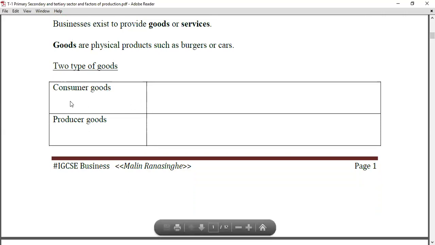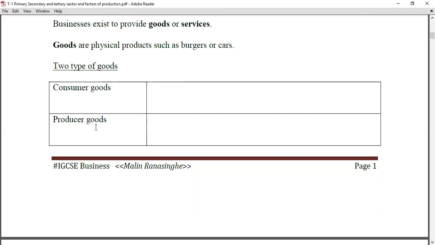Consumer goods are the things normally consumed by ordinary people like us. We are consuming newspapers, fruits, vegetables, biscuits, crispies, anything.